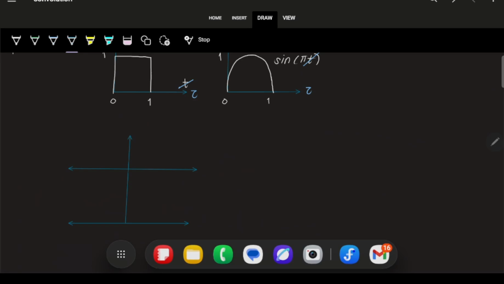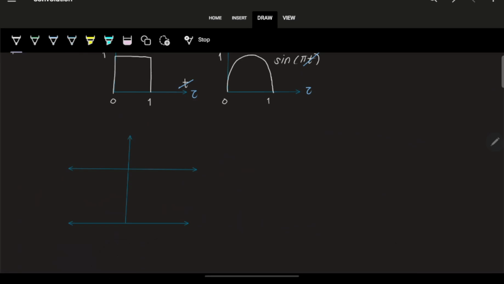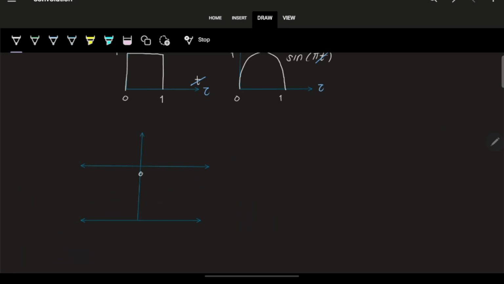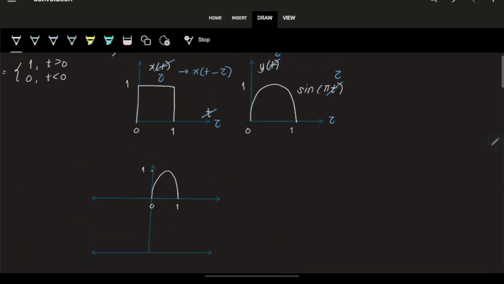So, again, our half sinusoid between 0 and 1 with the maximum value of 1. Apologies for my obscure drawing. Let's select a value of t.